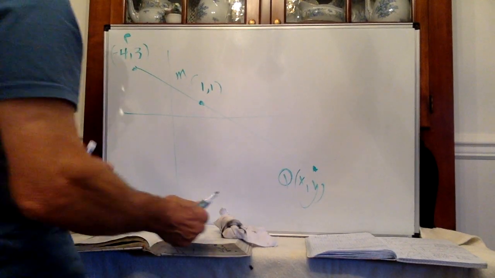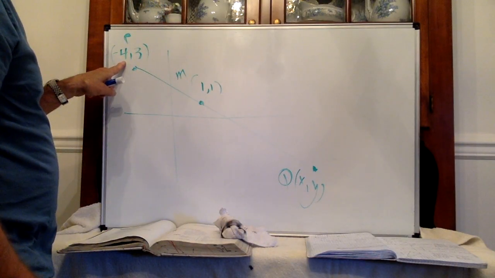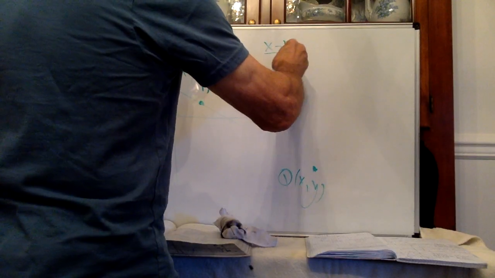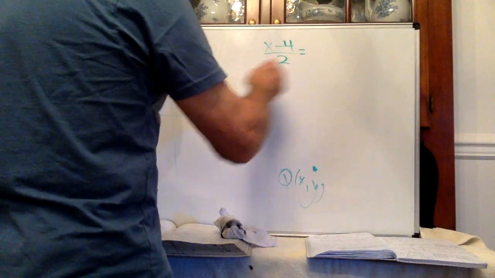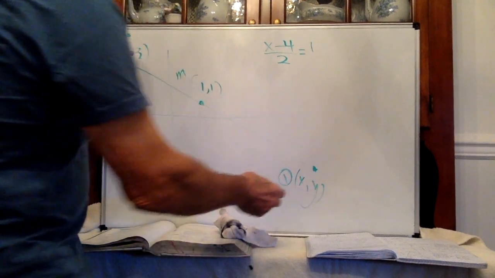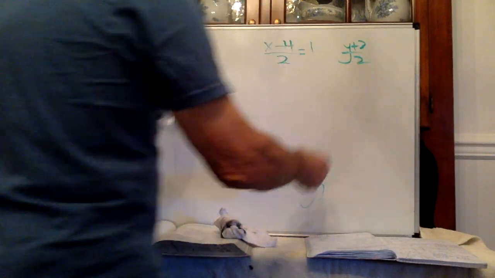Well, the midpoint formula says x plus negative 4, so x minus 4 over 2 is equal to 1. And likewise, y plus 3 over 2 is equal to the y coordinate, 1.